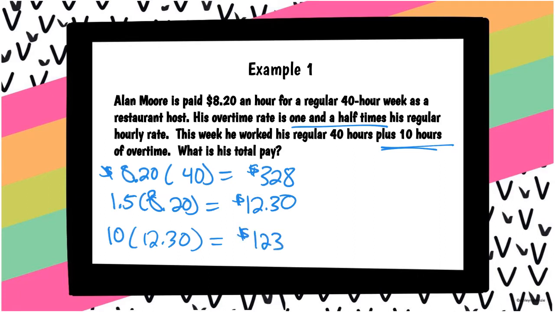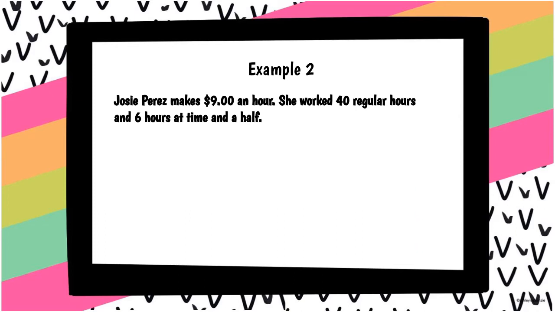Now to figure out the total, we add 328 plus 123, which gives us a total of $451 for his total pay.